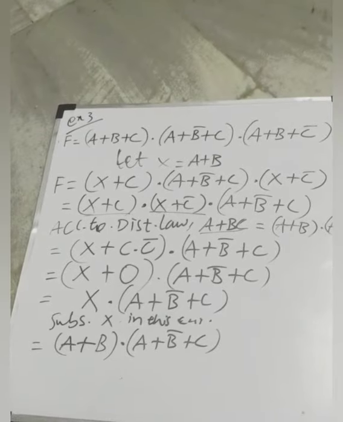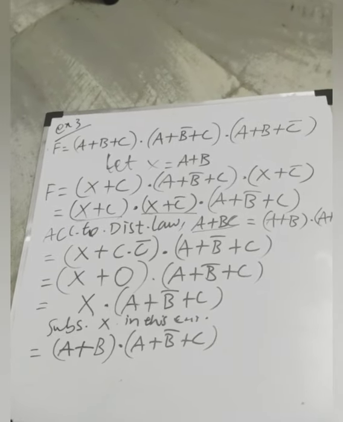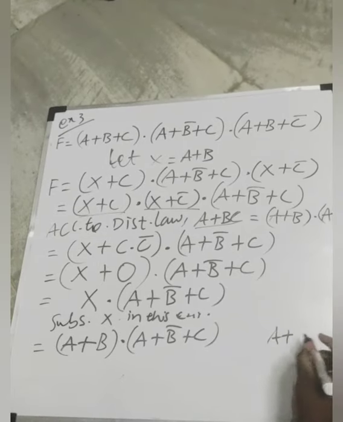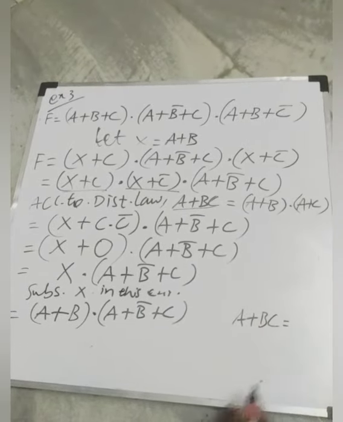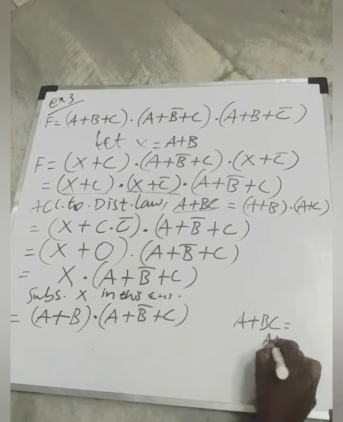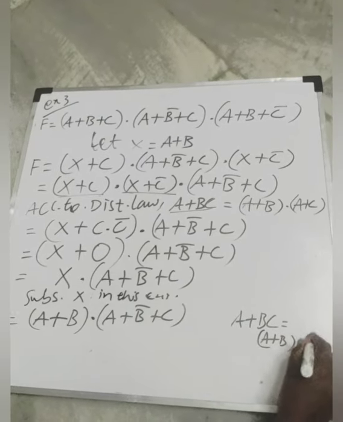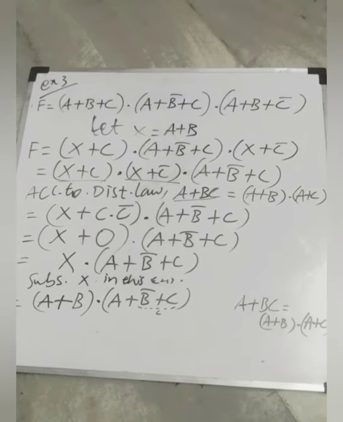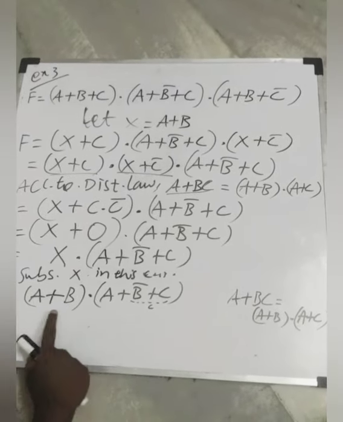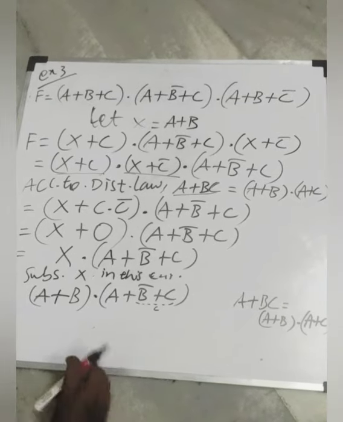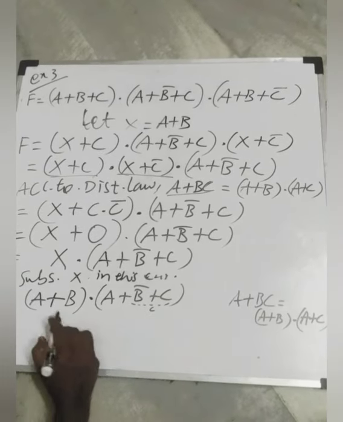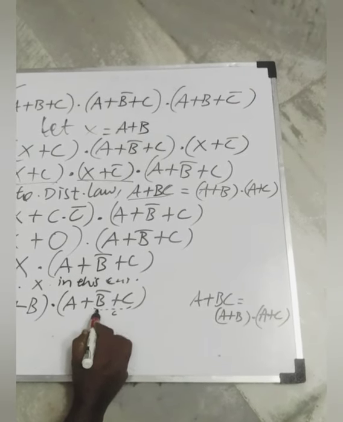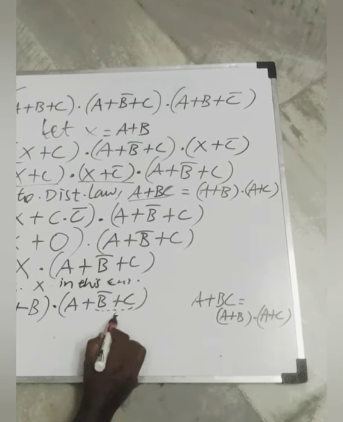Again we are going to apply the distributive law over here. See, a + bc is equal to (a + b)(a + c). So compare these two terms: (a + b) and (a + b̄ + c), and consider these two terms as c.